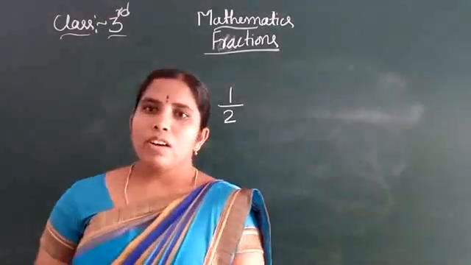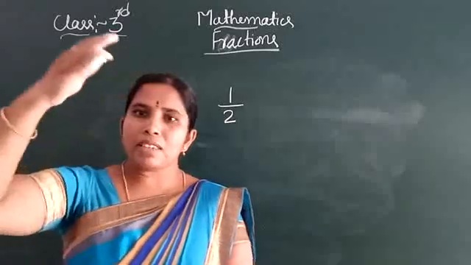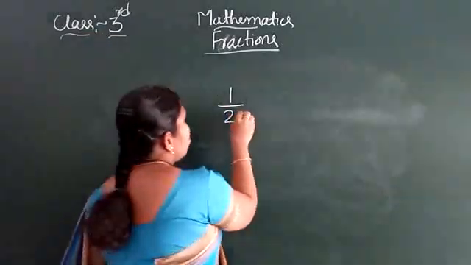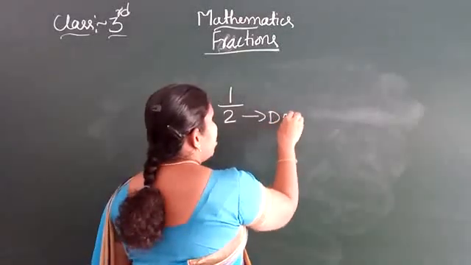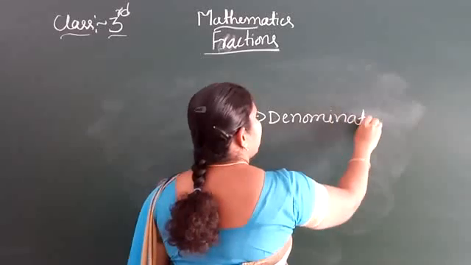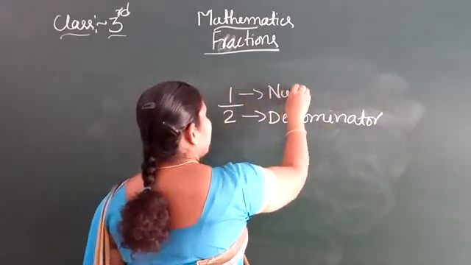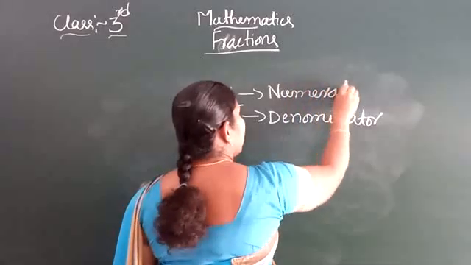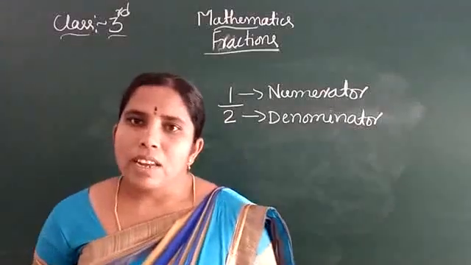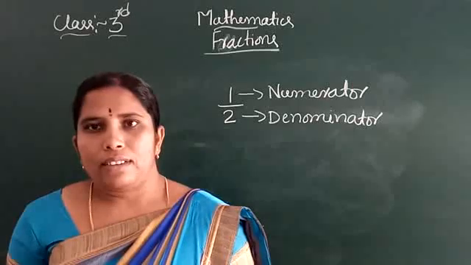Here 1 is the numerator, the upside. The downside is the denominator. In this, 1 is the numerator and 2 is the denominator.